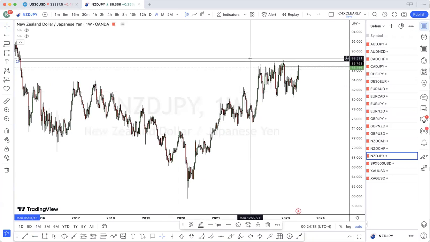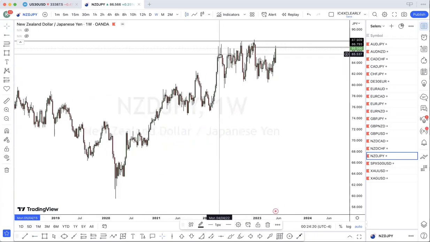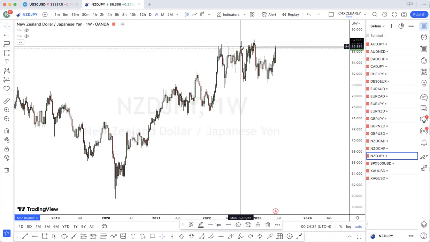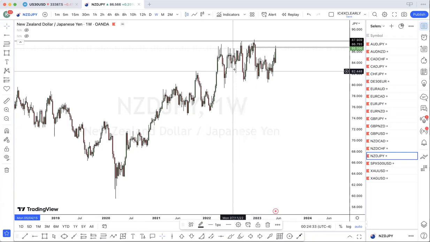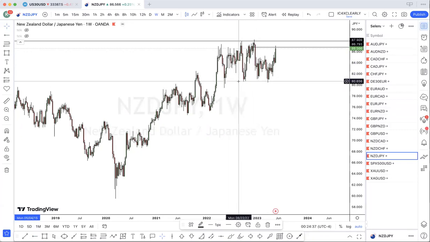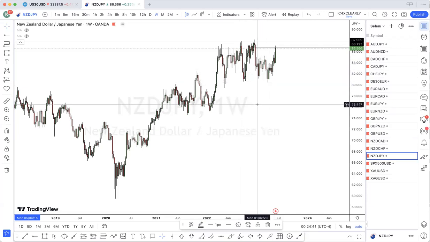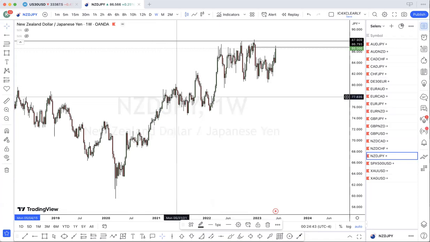And although price, this was the last low, this was the last high. Price did do a little wick below.